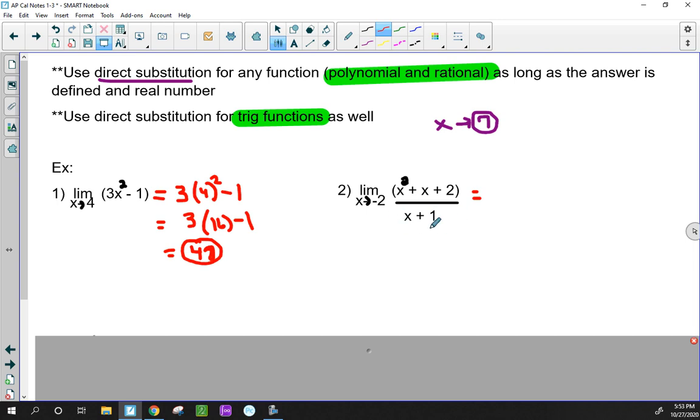Negative 2 plus 1 is negative 1. I could square negative 2 and add negative 2 and add 2. So I'm seeing no hole here right off the top. I see an asymptote, but not one that's at negative 2. I should verify that. I see one, but it's not at negative 2. And so I am allowed to substitute. And you're going to put negative 2 in place of x.